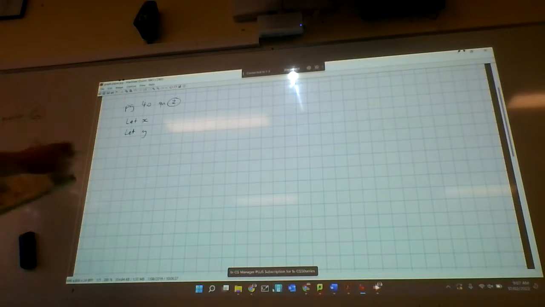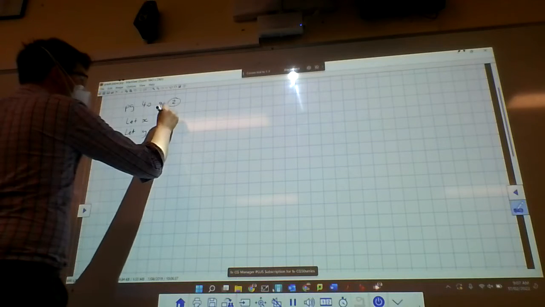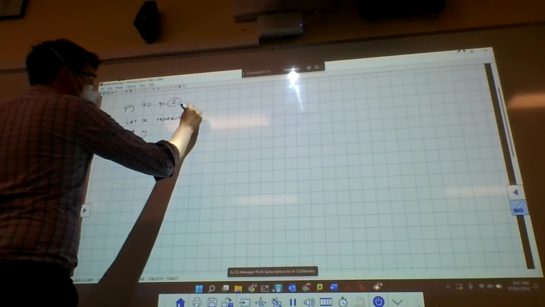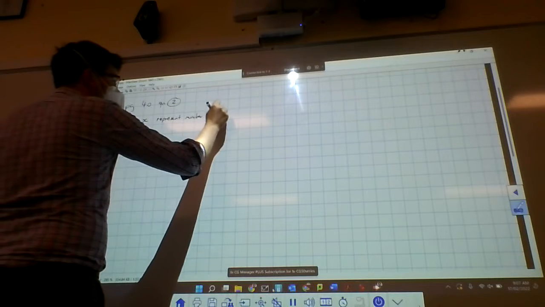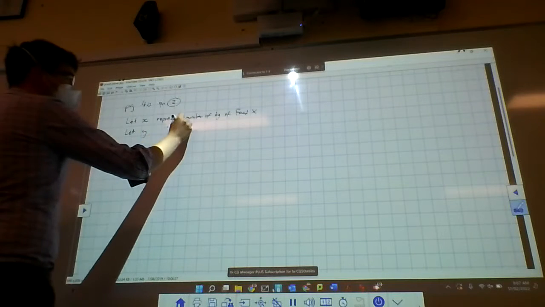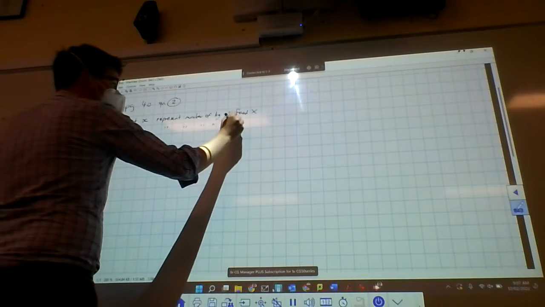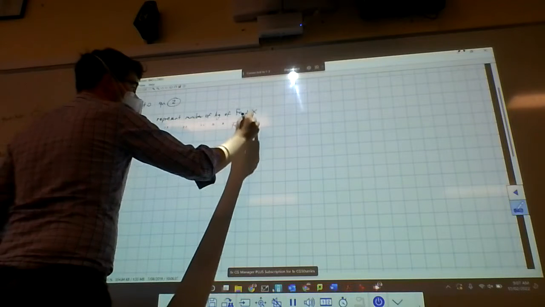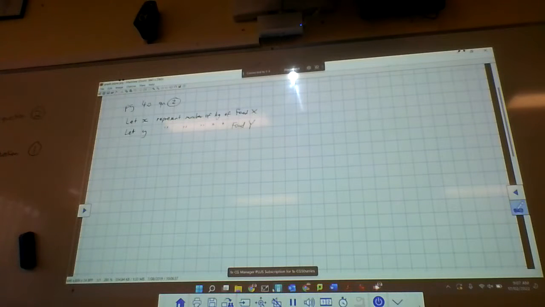So let's go, let x represent the number of kilograms of food X. And should we let y represent the number of kilograms of food Y? Let's try that.